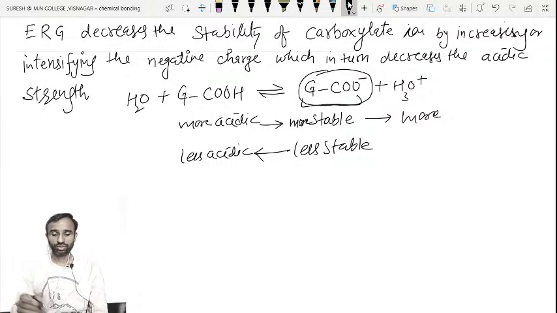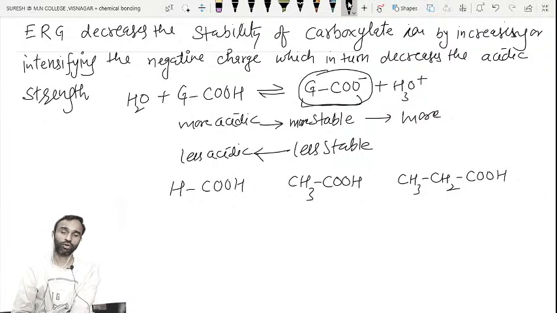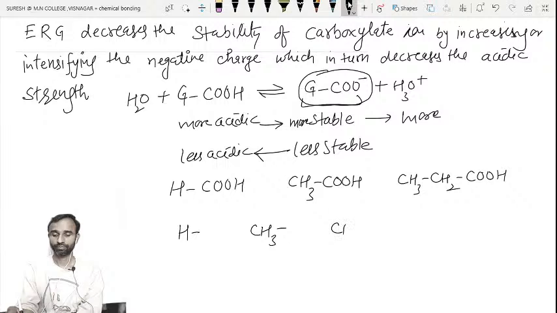Now let us try a few. Formic acid, acetic acid, propanoic acid. Tell me, what is the order? Which one is more acidic? The groups are H, CH3, CH3CH2.